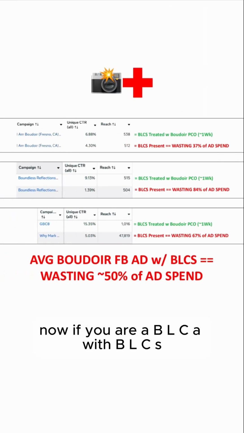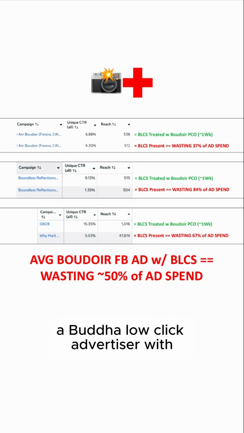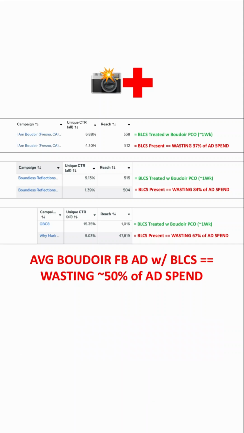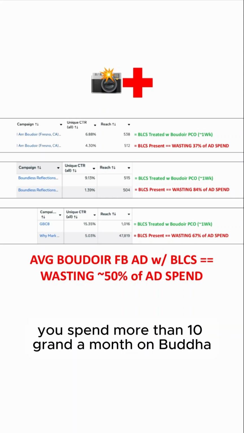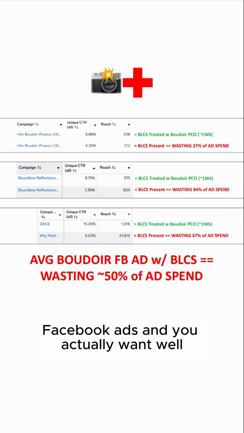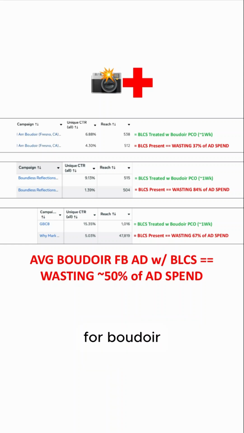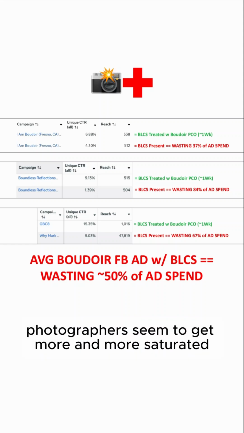Now, if you are a BLCA with BLCS, a boudoir low click advertiser with boudoir low click syndrome, your boudoir Facebook ads have a unique CTRL under 6%, and you spend more than 10 grand a month on boudoir Facebook ads, and you've looked at the market, and boudoir photographers seem to be getting more and more saturated.